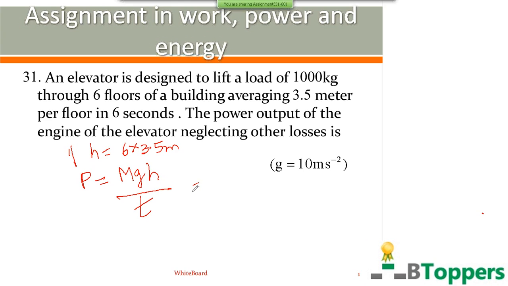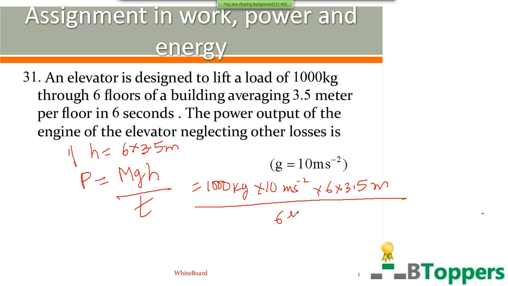So now m is equal to 1000 kg, g is 10 meter per second square, h equal to 6 into 3.5 meters, time t is 6 seconds.